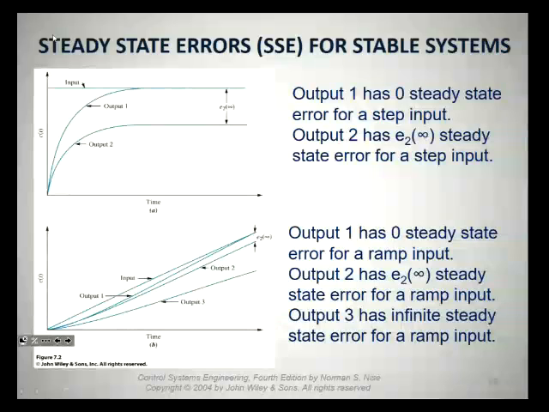And then if you look at a ramp, output 1 is this line here. It's a bit difficult to see, actually. If you look at output 1, after a long period of time, effectively infinity, there's no error there. Output 2: the input's a ramp, it's this line here.